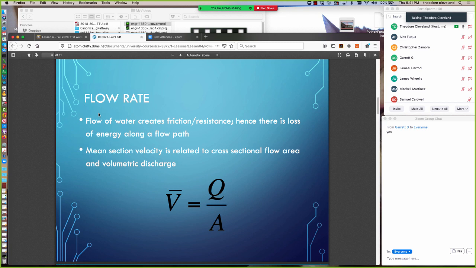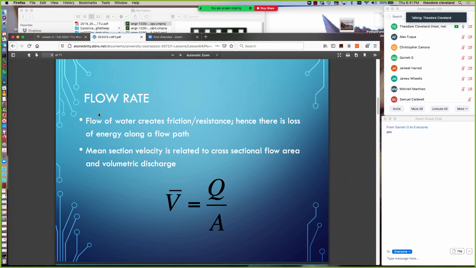And the mean section velocity is different than a point velocity, but when someone talks about the velocity in a pipe, most of the time they mean the mean section velocity, or the discharge divided by the cross-sectional flow area.